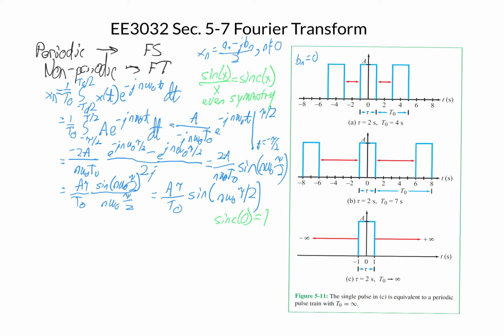So what we end up with for the sinc function is a function that looks like this. It has height 1, and every time the argument goes up to pi or a multiple of pi, so there's 2 pi, there's 3 pi, I have 0 in the numerator.